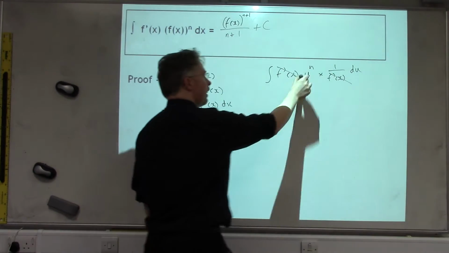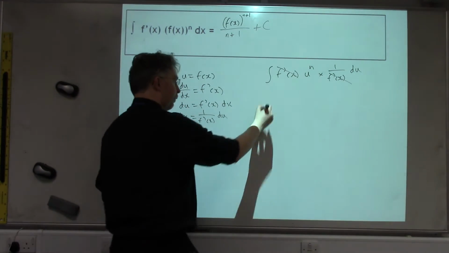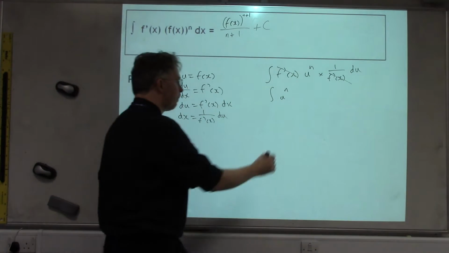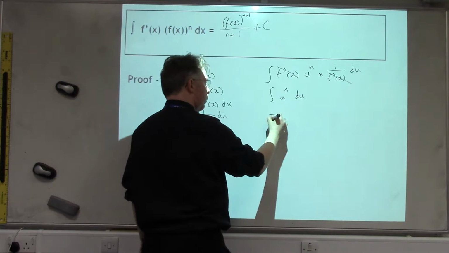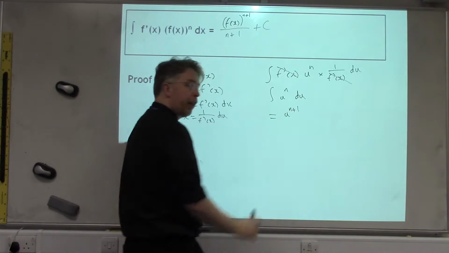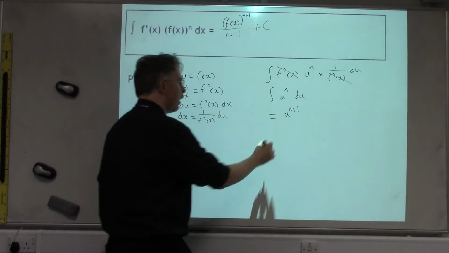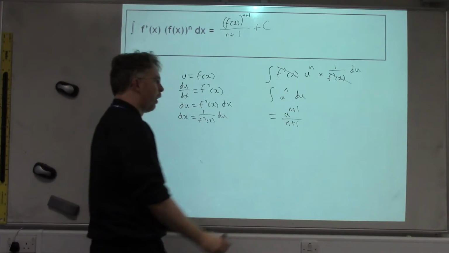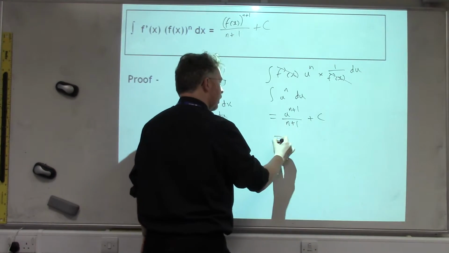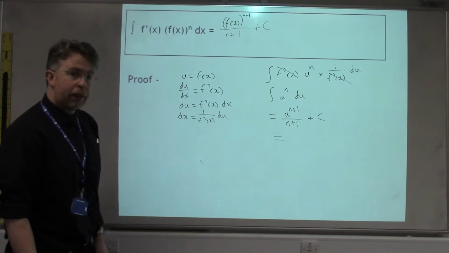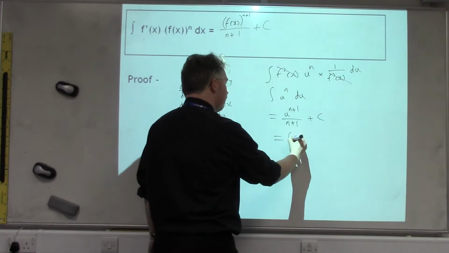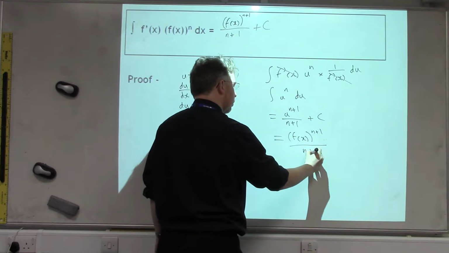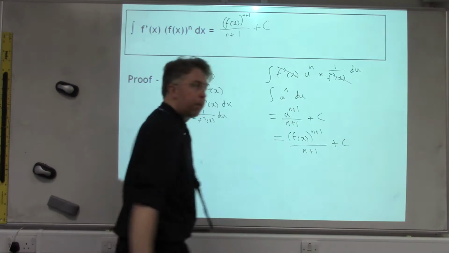The f dash of x's cancel, so we get the integral of u to the n du, which is a polynomial, so increase the power by 1, divided by the new power, so u to the n plus 1 over n plus 1 plus c. Stick the u equals f of x back in, and we've proved the result.